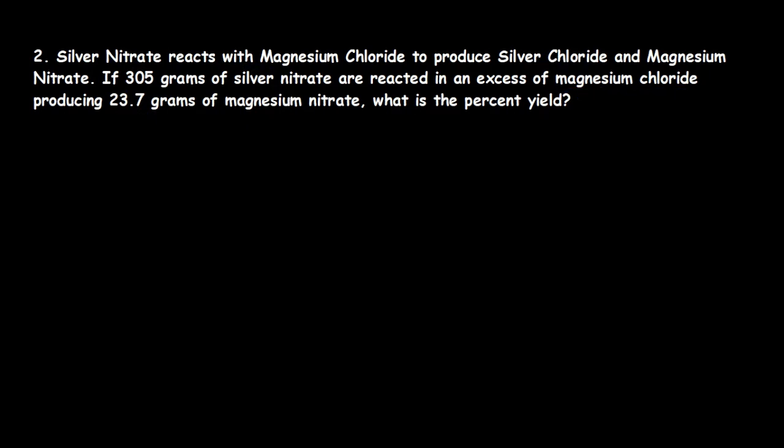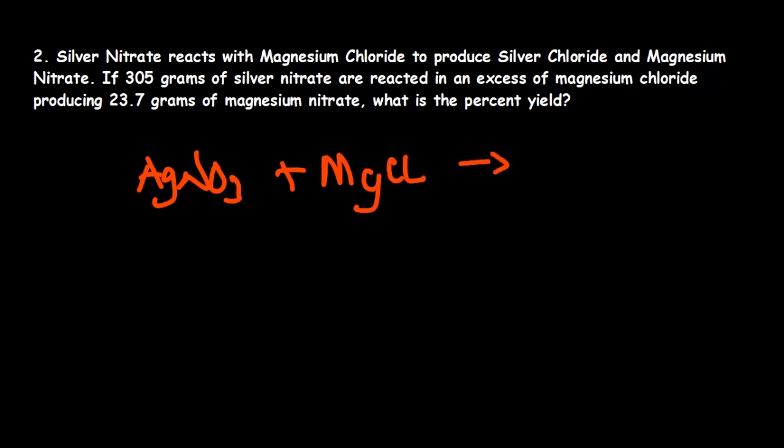Silver nitrate reacts with magnesium chloride to produce silver chloride plus magnesium nitrate.